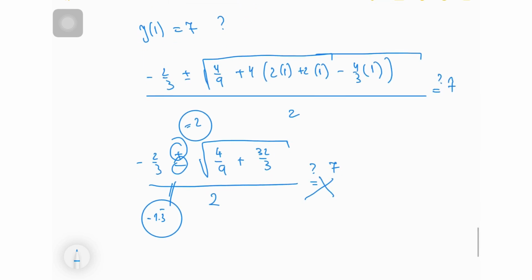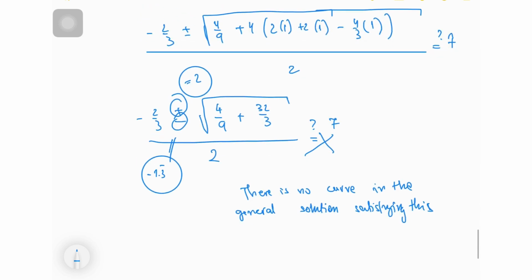That means that there is no curve in the general solution satisfying this initial condition.